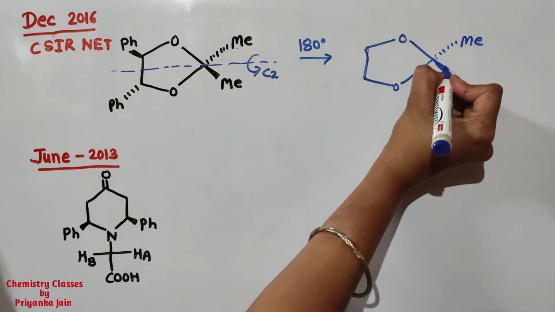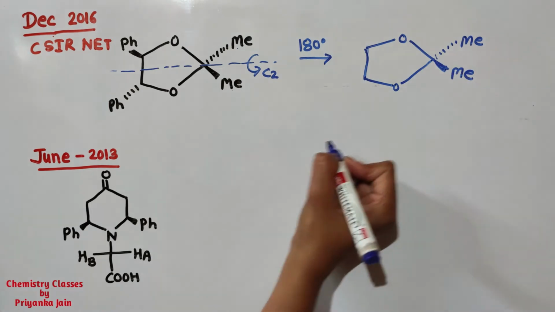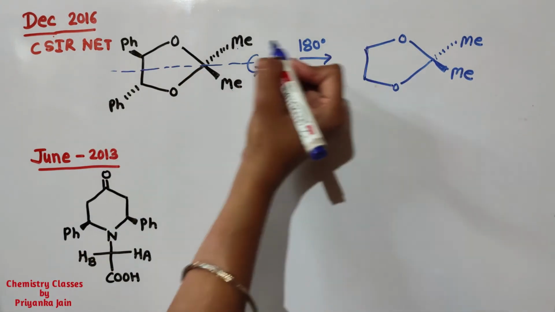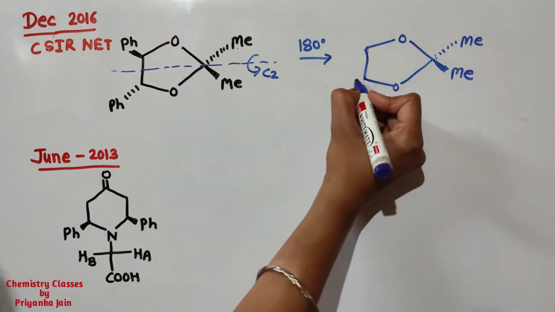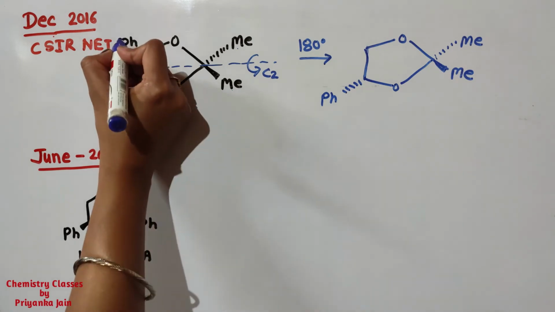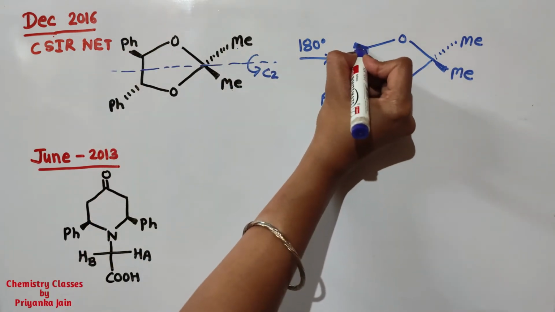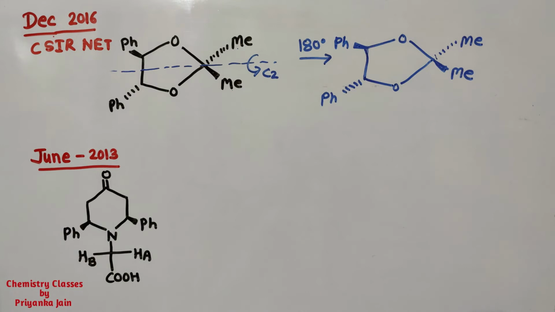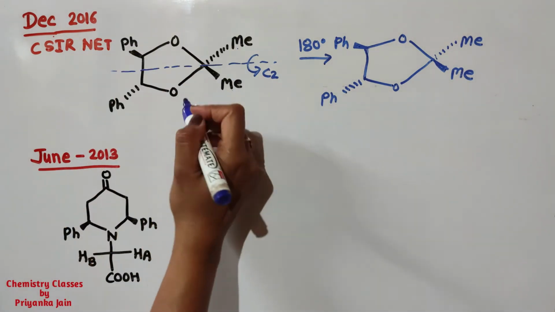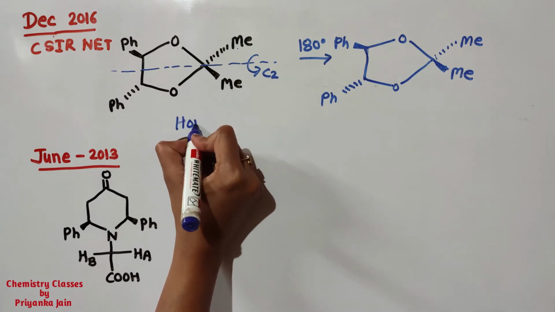This group will go below the plane, and this group will come above the plane. So we get this structure. Now you can match, both the structures are the same, so the two methyl groups are homotopic.